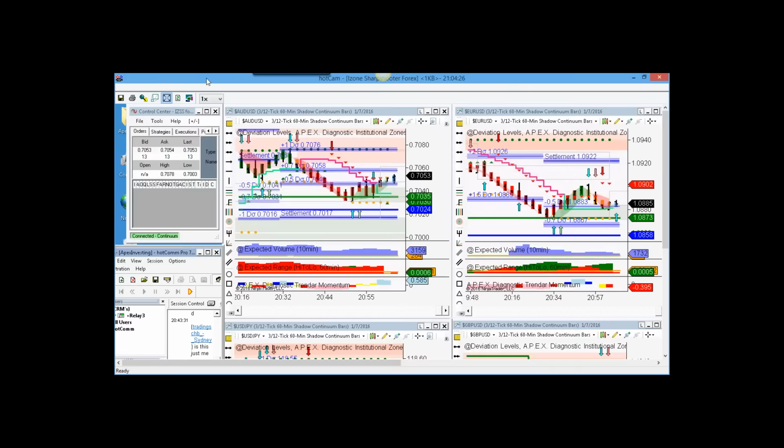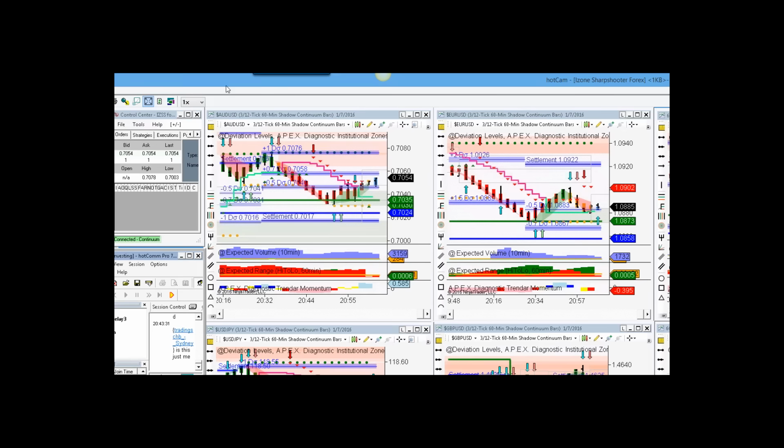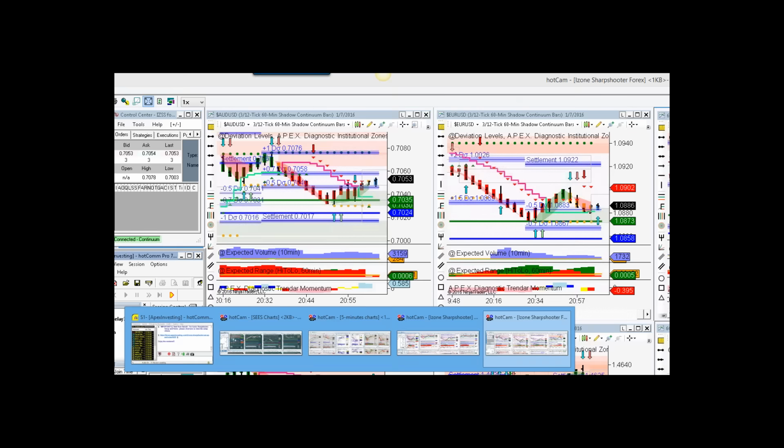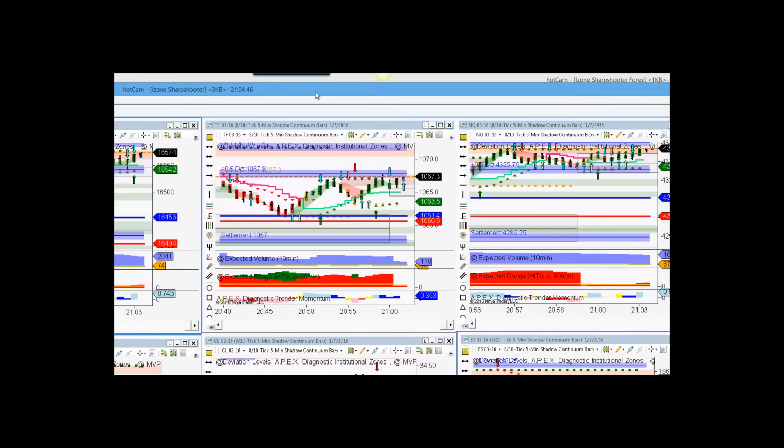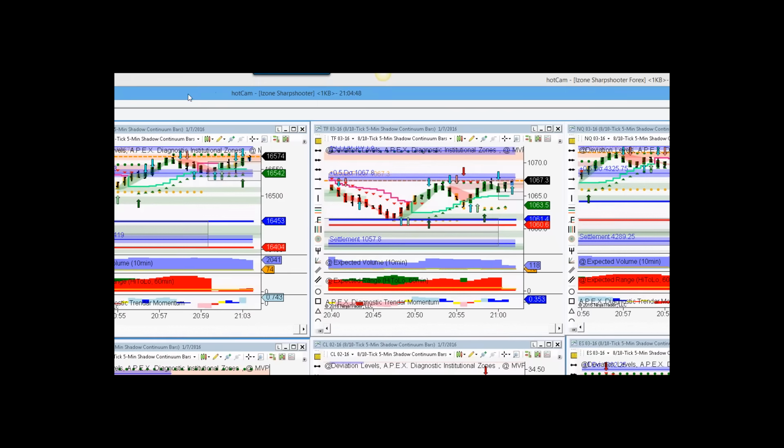Yes, I'm going to show you where you can get NinjaTrader and how you can get NinjaTrader set up for free. But you literally could sign up for the trial, watch the quick course, and log right into the room. Okay, and look here, IZONES Sharpshooter. What is this?